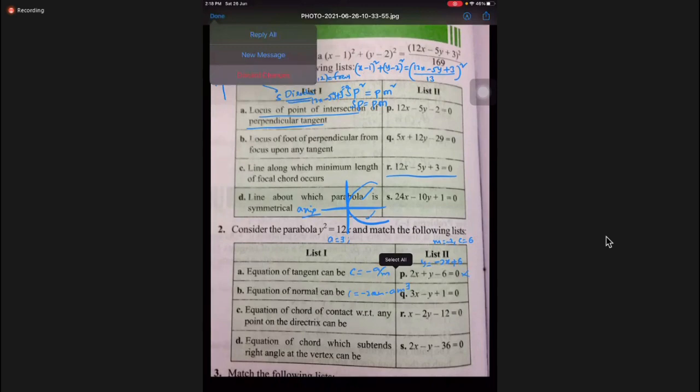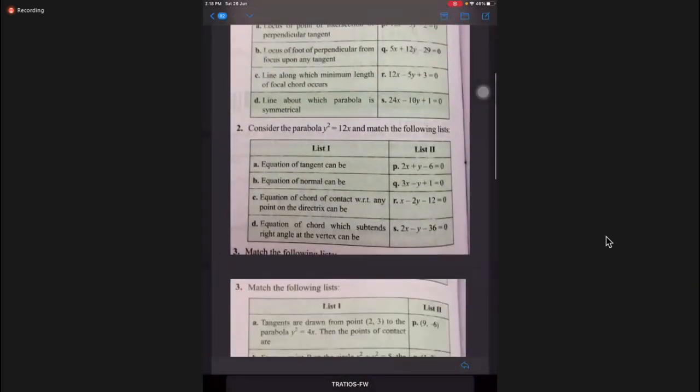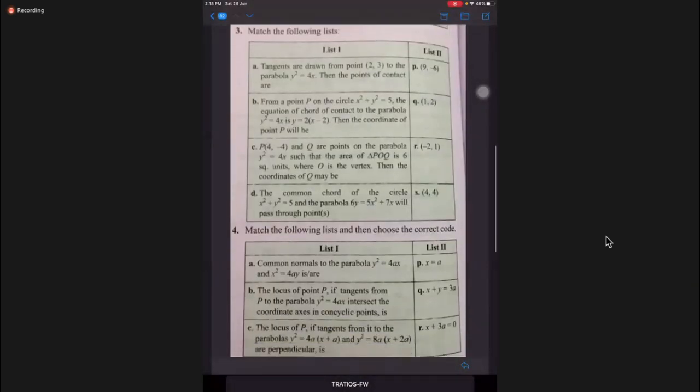Quickly? Okay. Then how about this? Tell me. Tangents are drawn from a point to the parabola.